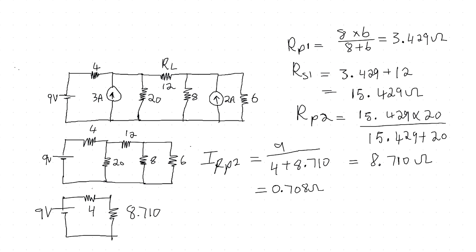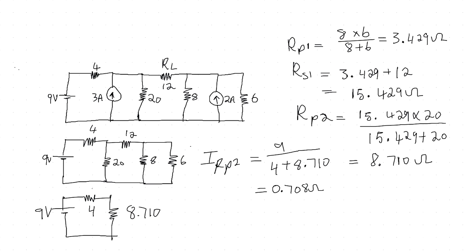So now, since RP2 is formed by 20 ohm and my RS1, I'll have to get the current through RS1, because RS1 is the one that has my resistor, my RL. So using this current, I'm going to apply the current divider rule to get the current through RS1.